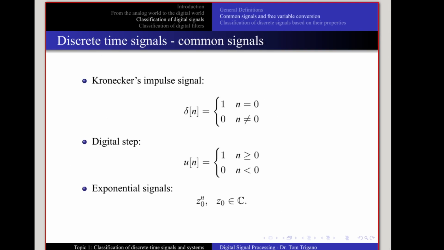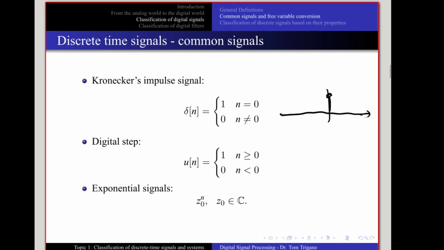To conclude this video, and we will continue to investigate the mathematical properties of discrete time signals in the next one, I just want to define some very common signals that appear all the time in the field. In any exercise you will find something like that. You can define the delta, the Kronecker impulse signal, which is basically the equivalent of Dirac's delta function in discrete time.